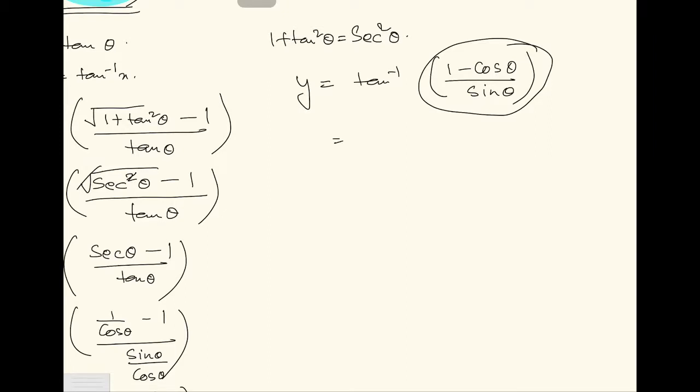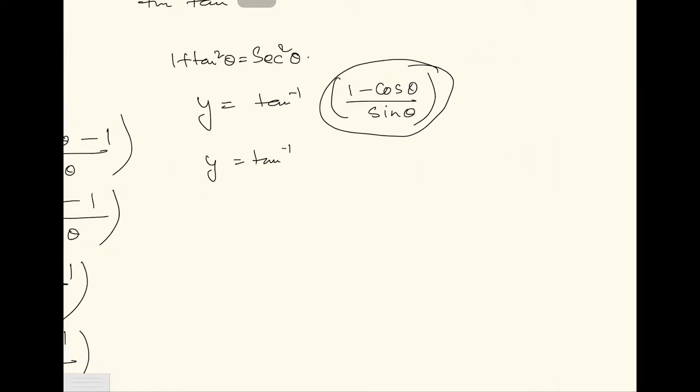So now I'll have to use the half angle formula. If you remember, what's the half angle formula of 1 minus cos theta? 1 minus cos theta divided by 2 in trigonometry is sine square theta by 2. Check out the formula from class 11. And 1 plus cos theta divided by 2, just for your information, is cos square theta by 2, correct?